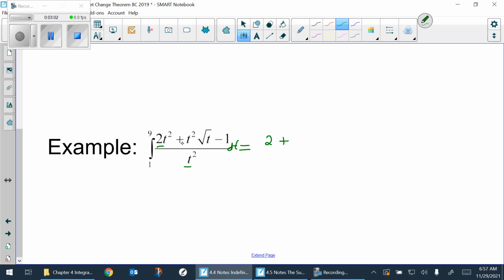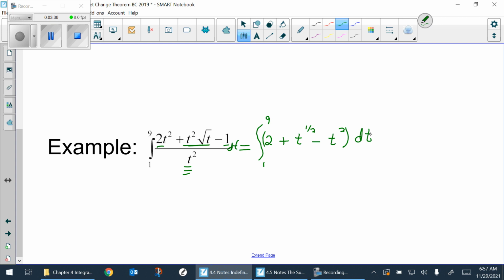Plus, when we do this division, we're going to get square root of t, or t to the 1/2. In this one, we've got minus 1 over t squared, which is t to the negative 2. So we simplified this. We still need to find the integral between 1 and 9 dt.